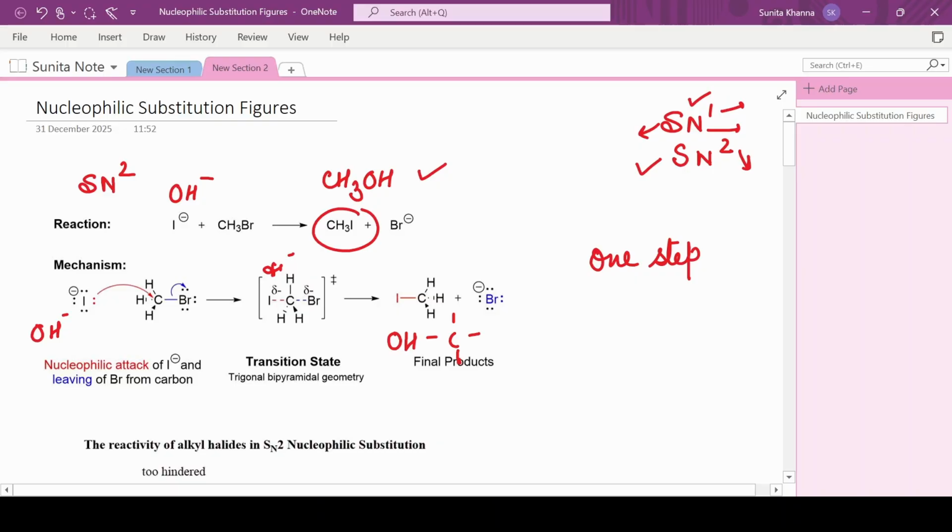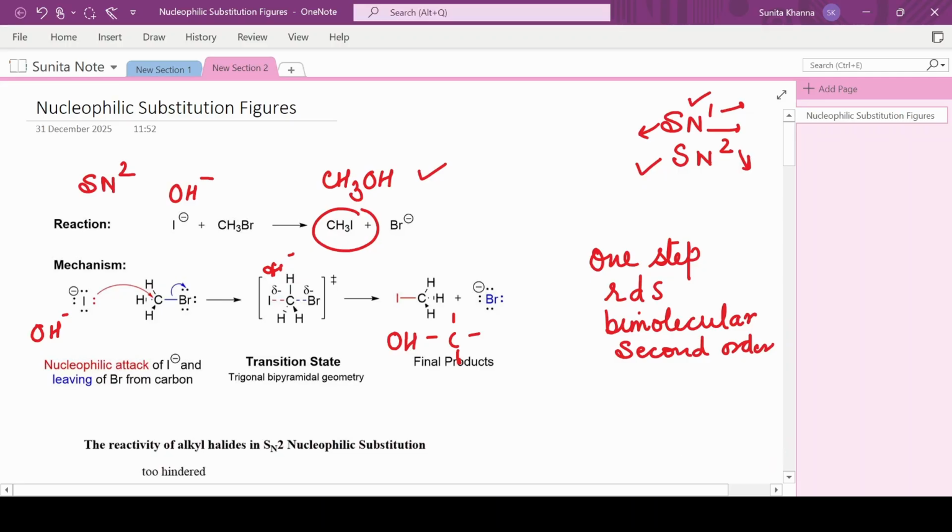That means in the rate determining step two molecules are present, therefore it is bimolecular, or second order reaction, as in the rate determining step there are two reactants which are affecting the rate of reaction.